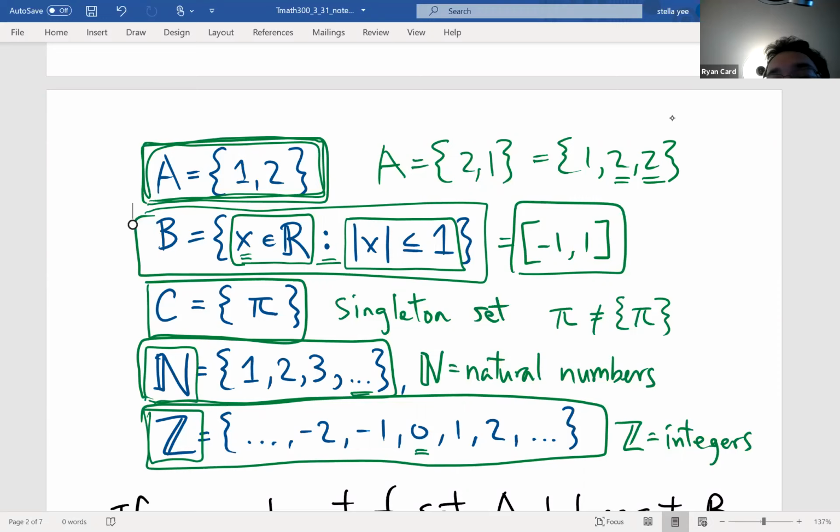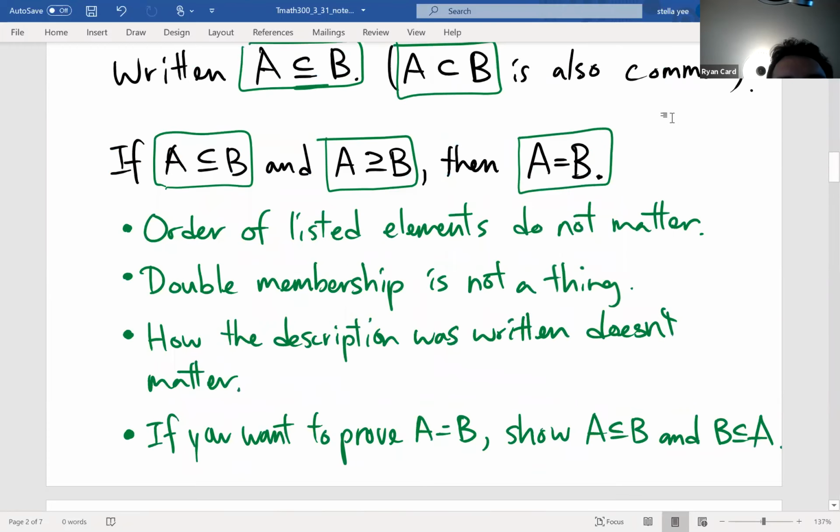So this is exactly the same set. It's a set of two distinct elements, 1 and 2. So repetition is not a thing that you keep track of within a set. Okay, so that's what I meant by double membership is not a thing.